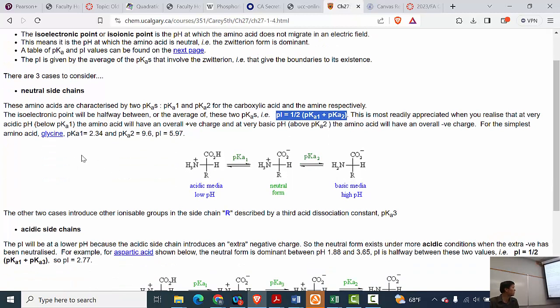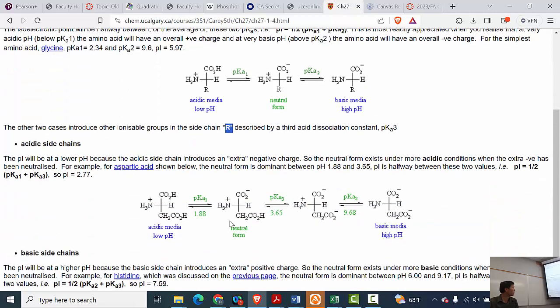This is for glycine. Glycine is the simplest amino acid. Do you know what the R group in glycine is? Hydrogen. So they call it the side chain or the R. And so here we can change the R group. Here's hydrogen. Or no, this is some other acid. And so now this is a diprotic acid here.